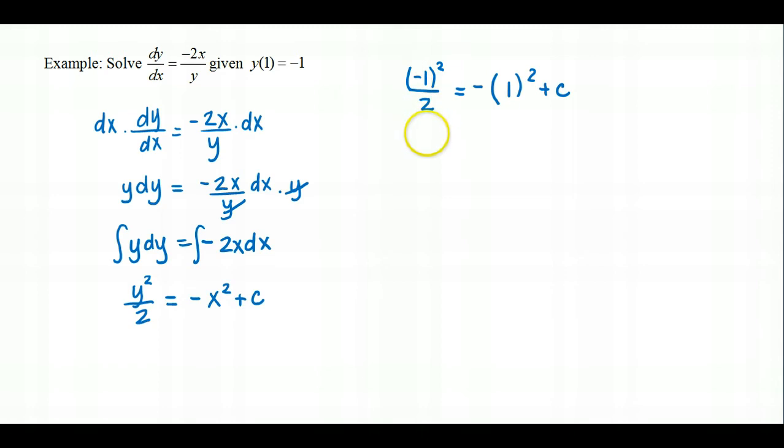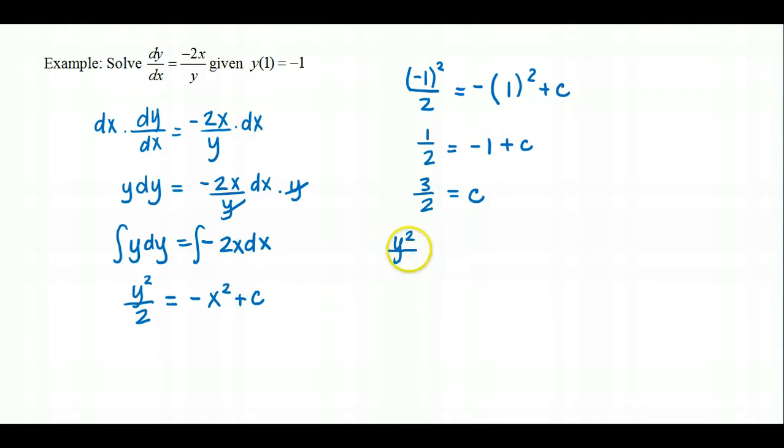So negative 1 squared is positive 1 over 2 equals negative 1 plus c. If I add 1, I'm going to get 1/2 plus 1, so that's 3 over 2 equals c.